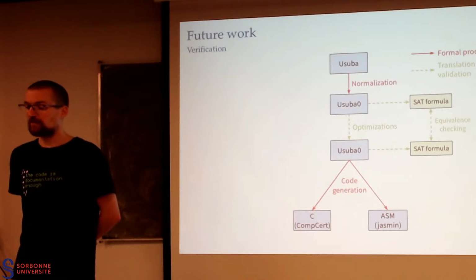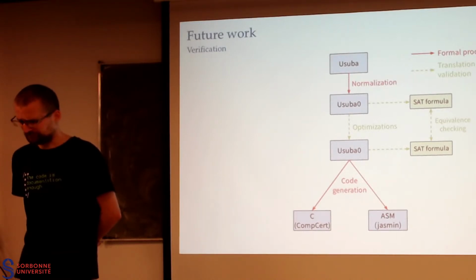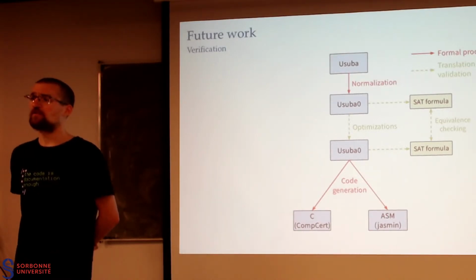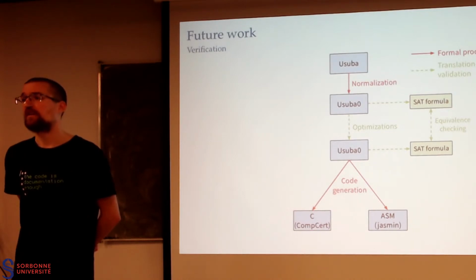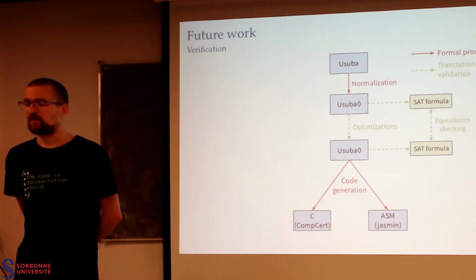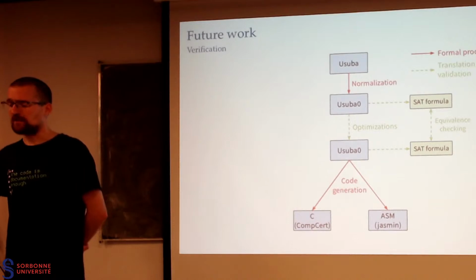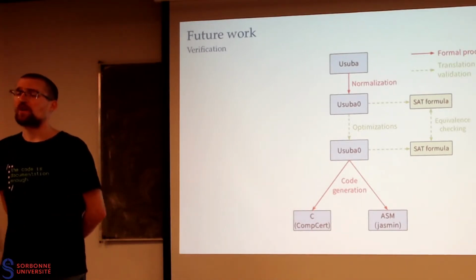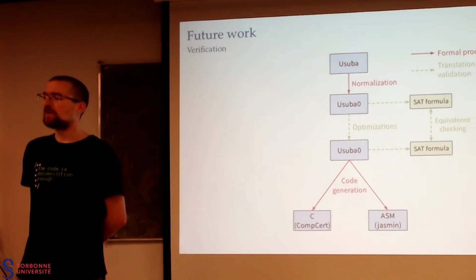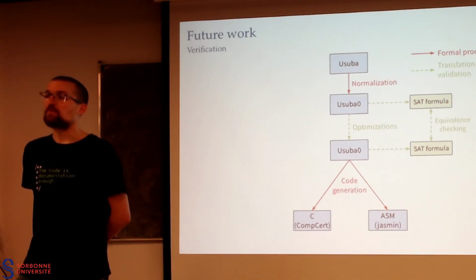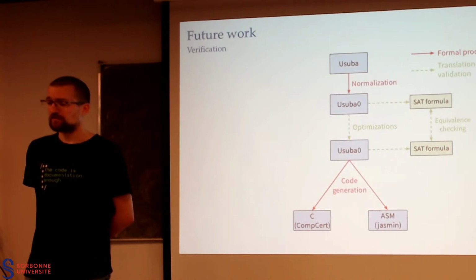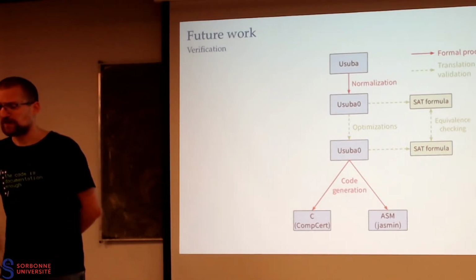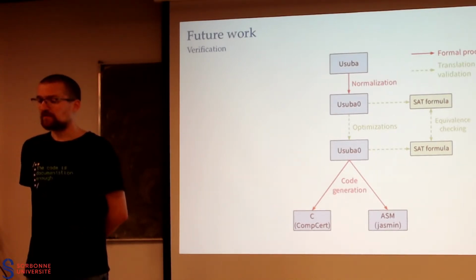Then for the backend, we experimented a bit with translation validation. So basically extracting equations from the Usuba code before and after the optimizations and making sure that they are equivalent. And it seems to be very efficient and to work well because basically the Usuba 0 code is very, very close to the input of the SMT solvers. So that works well. And then the code generation pass.